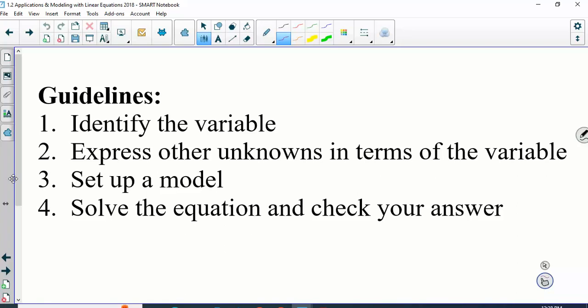Step 3, setting up a model. That's like you're writing an equation so that we can solve these. Step 4, we solve it, check our answer, make sure it's reasonable. And I really should probably add step 5. I want you to answer in a sentence.